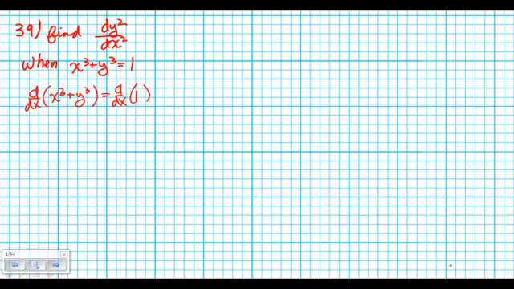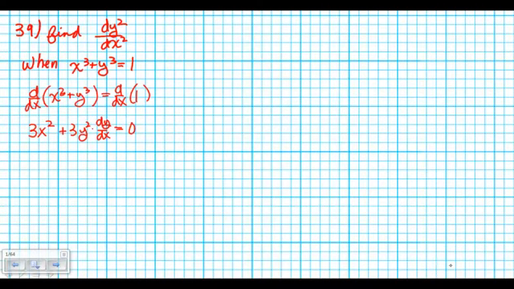And so the derivative of x cubed is going to be 3x squared. The derivative of y cubed is going to be 3y squared dy dx. And the derivative with respect to x of 1 is going to be 0.